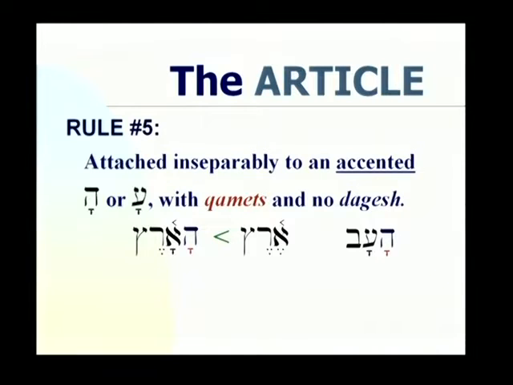Because of that change, there are 5 nouns that change that vowel to a comets when you add the he. And because they change, then the he article has to be a comets also. So eretz changed to aretz, therefore the article has to have the comets under it. Follows the same rule. And it is accented. Notice the accent there above it.